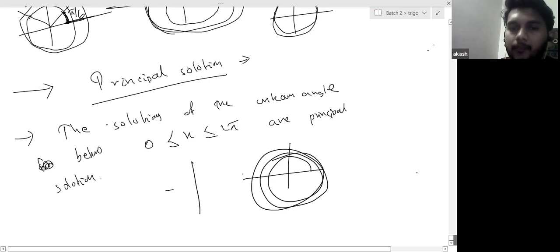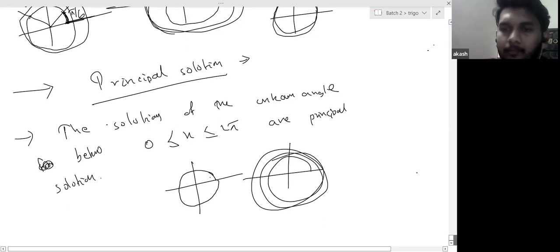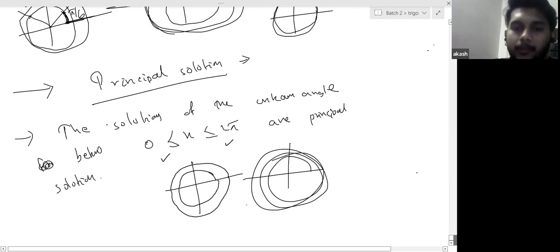So what we say is all the angles which come from 0 to 2 pi, only one circle, those values will be called principal solution. Is it clear? You start from here, you keep moving on. Whenever you get half, that will be your principal solution. So principal solution always lies between 0 to 2 pi. Note it down.